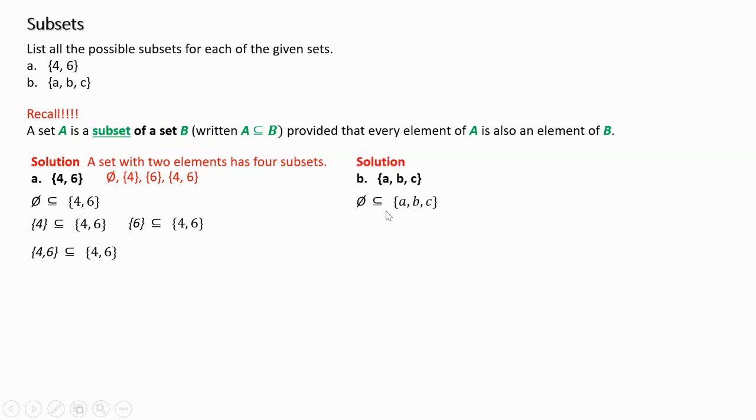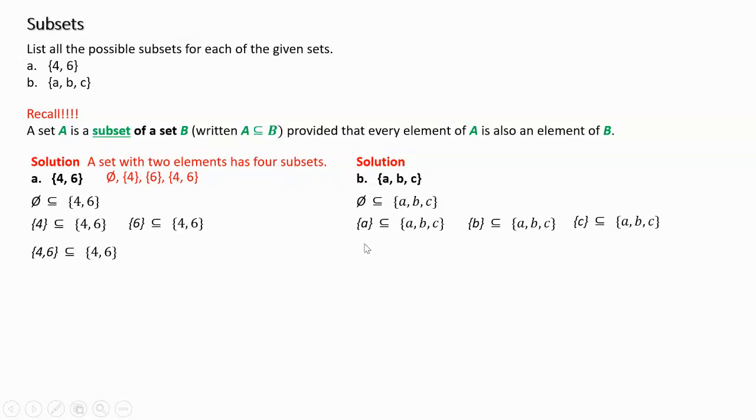So for B, again, we start with the empty set. And then we start with one element at a time. The set with element A is a subset of the set A, B, and C. So is the set B, and so is the set C. And now we put them in pairs.